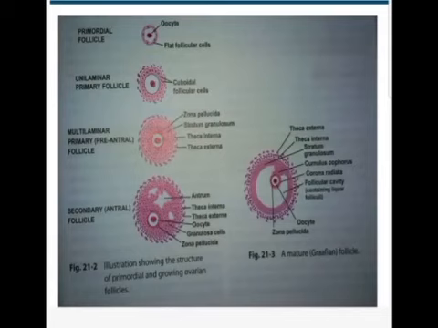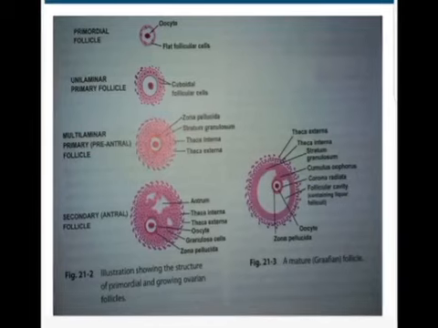During each menstrual cycle, a number of primordial follicles in both ovaries start undergoing progressive development. Now these follicles are known as the growing follicles. Normally only one growing follicle becomes fully mature and ovulates approximately in the mid of each menstrual cycle.